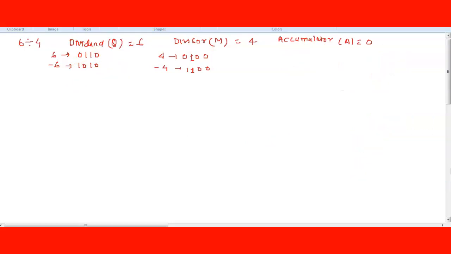Okay, anyway. So now here we'll make the table. This is the accumulator, which has the value of 0. This is the dividend in Q, and that value is 6.